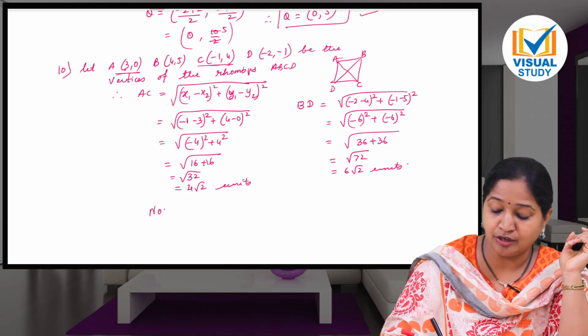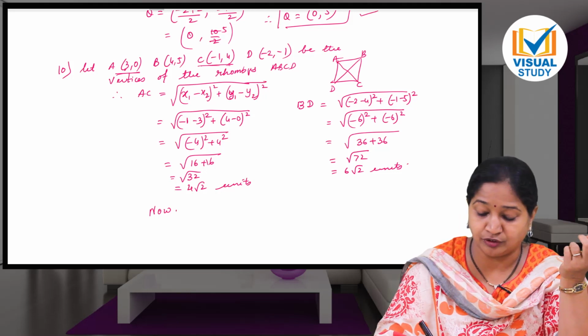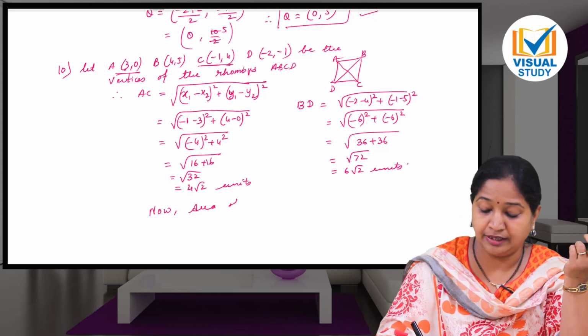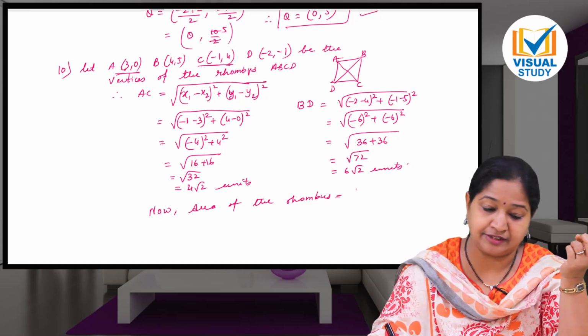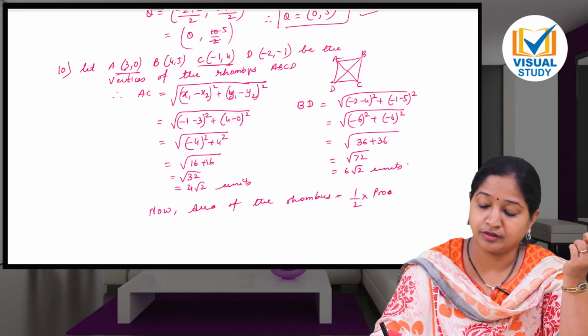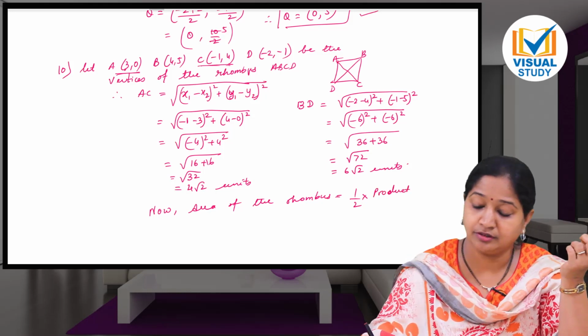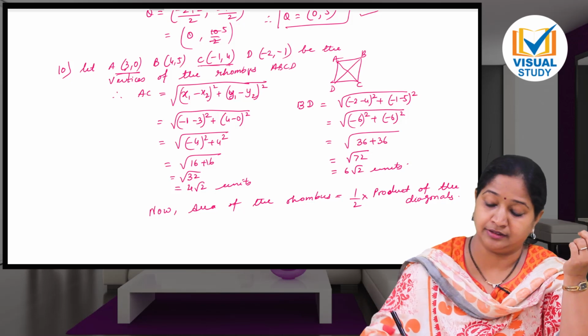Now what is the area of the rhombus they have given? Anyhow, we know what is the area of the rhombus. Area of the rhombus is equal to half into product of the diagonals.